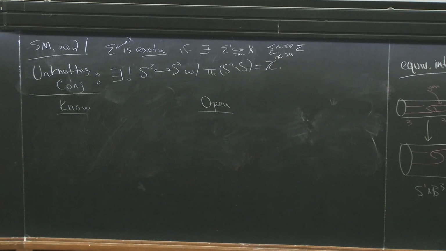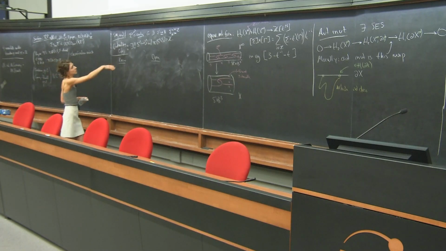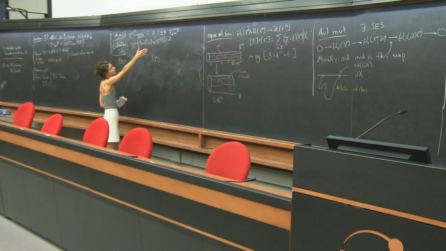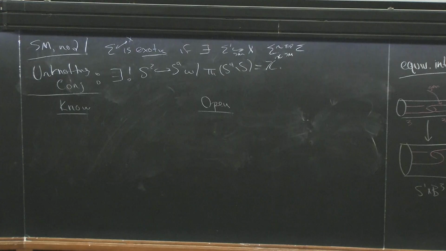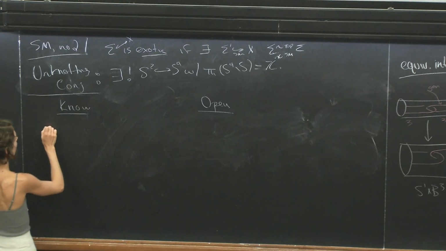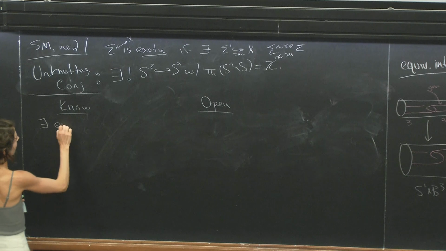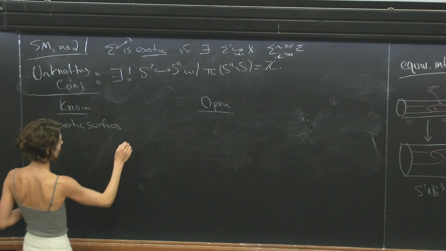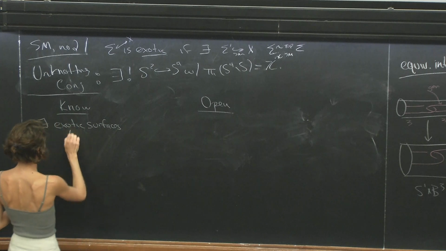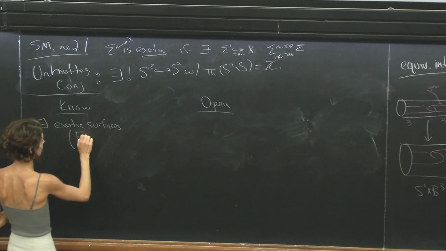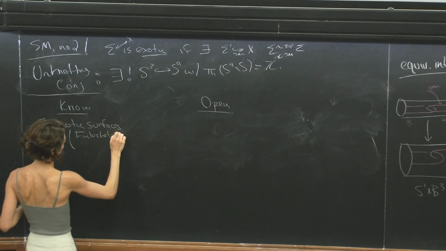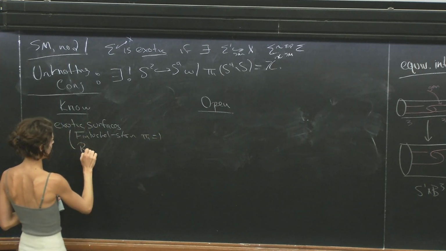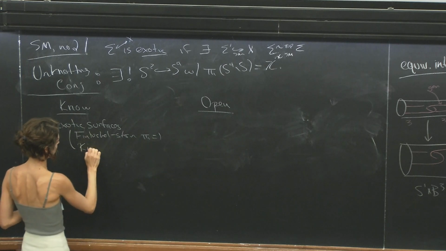So the unknotting conjecture is asking, is there an exotic pi 1 Z sphere in S4? What we know is that there exist exotic surfaces in some closed 4-manifolds with no pi 1, that's work of Fintushel and Stern, and it's work of Kim and Ruberman with pi 1 Z.